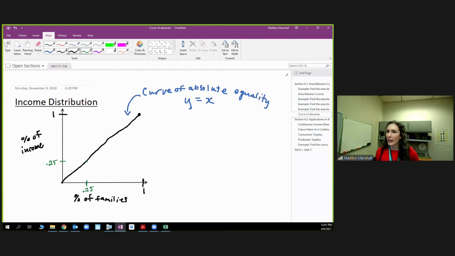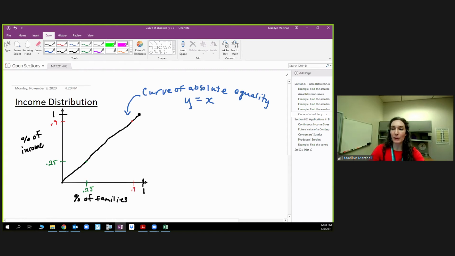And if we looked at, I don't know, 90%, 90% of the families would have 90% of the income. So the curve y equals x always has the exact same values for y and x on any point.